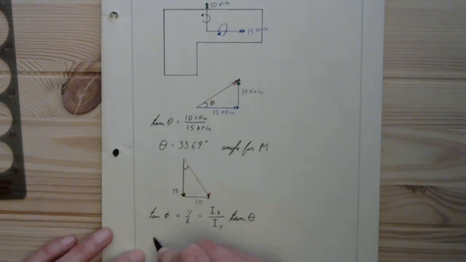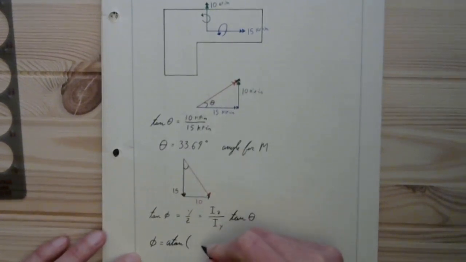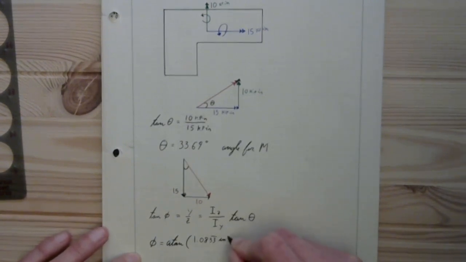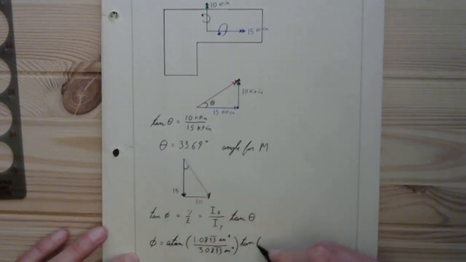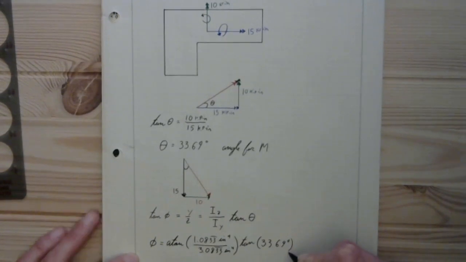So we can determine that it is the arctangent of 1.0833 repeating inches to the fourth divided by 3.0833 repeating inches to the fourth times the tangent of the angle 33.69 degrees.